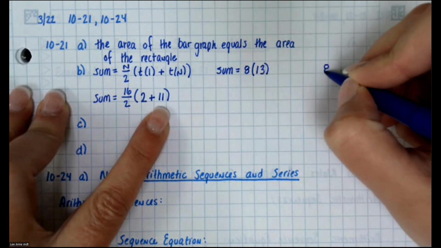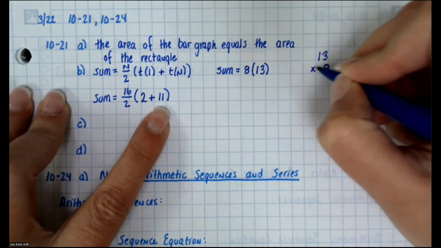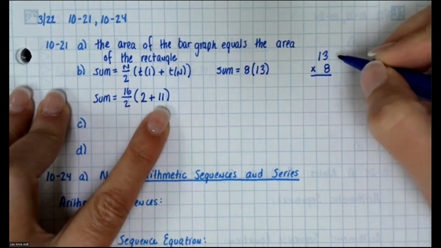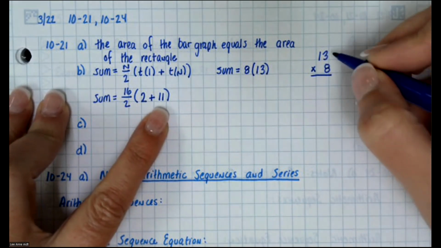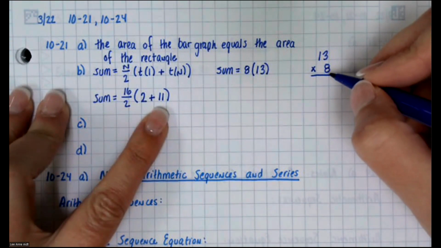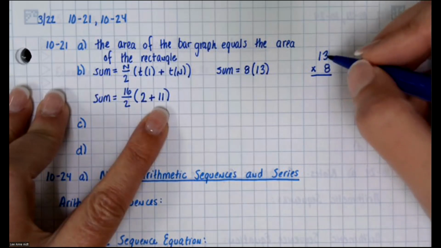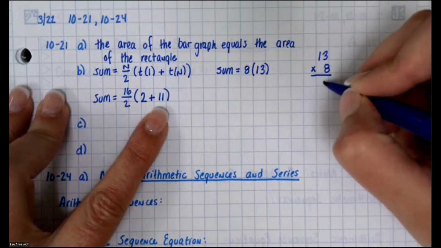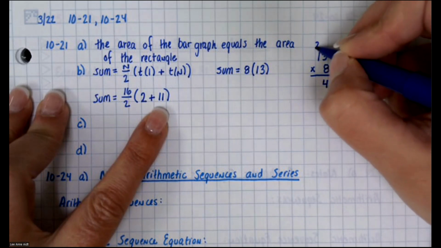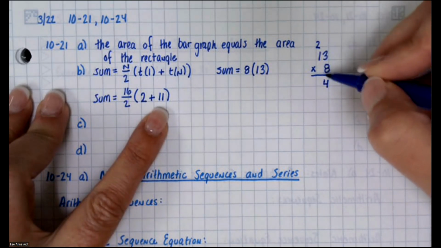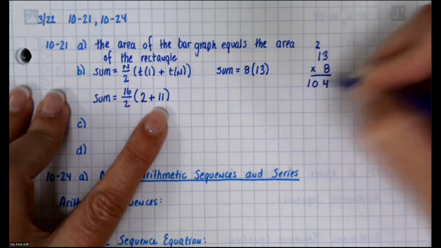Okay, then I come over here. 13 times 8. You can just do 8 times 3 plus 8 times 10, which is how I do it. But anyway, 8 times 3 is 24. So you take the 4, put the 2 up here. 8 times 1 is 8 plus 2 is 10, 104.